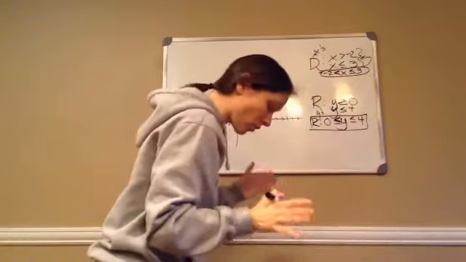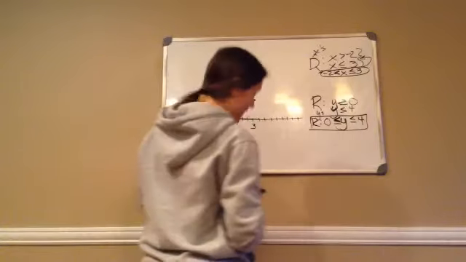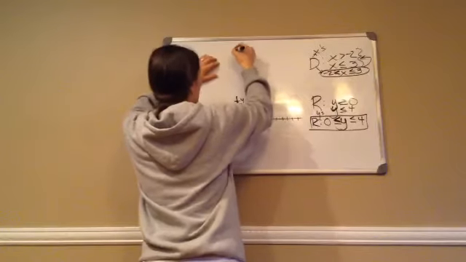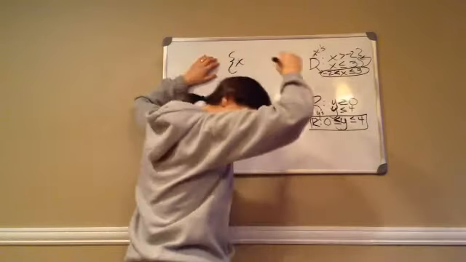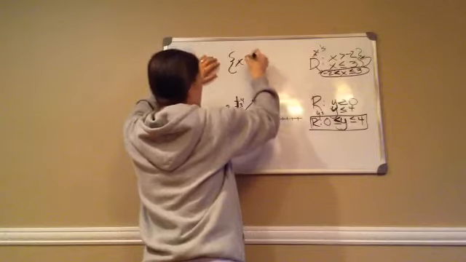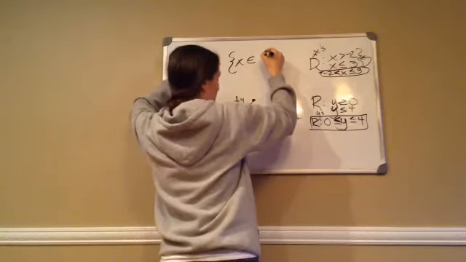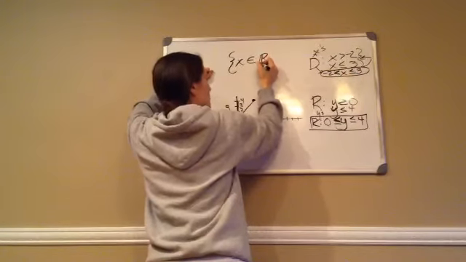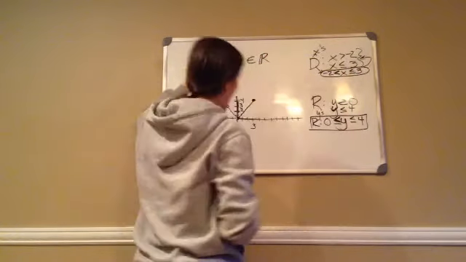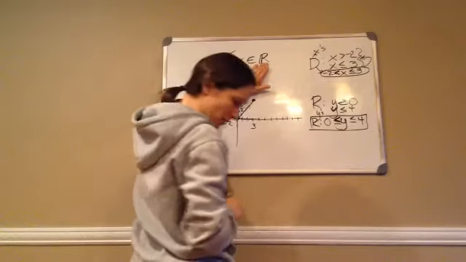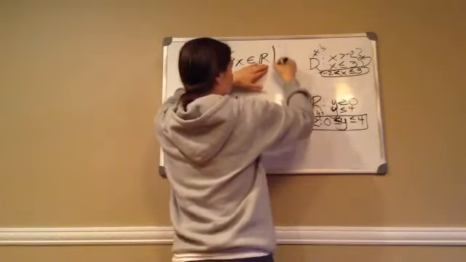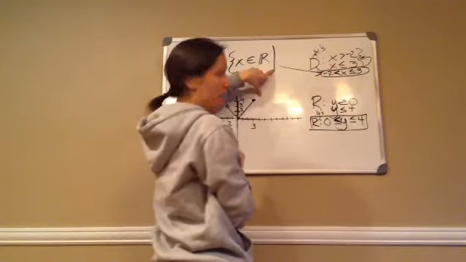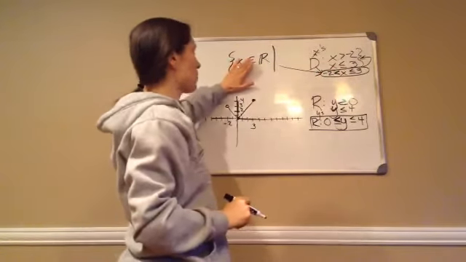So how the book wants you to write it is, the domain of f is, and then they write it like this: x is a part of, and then they've got this r, which means real numbers, and they've got this little thing like that. X's are a part of real numbers, and then it's got this line, such that, and then they have this written beside it.